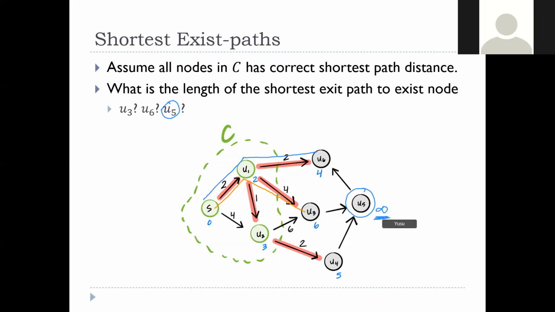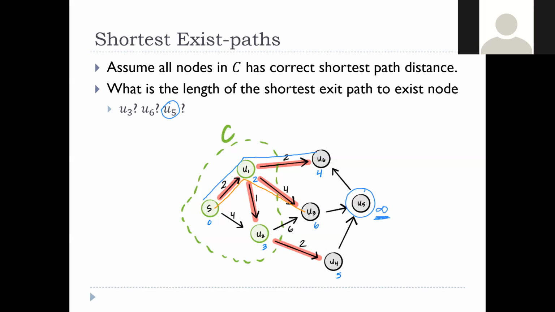There doesn't exist any exit path to reach U5, so the shortest one remains infinity. In other words, exit paths can only reach those nodes who have an edge connected from inside set C, because it has to be able to reach from set C through one edge. Okay, so that's the first thing. Things that I cannot reach yet, I don't have access to them.